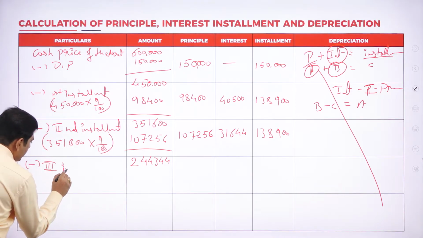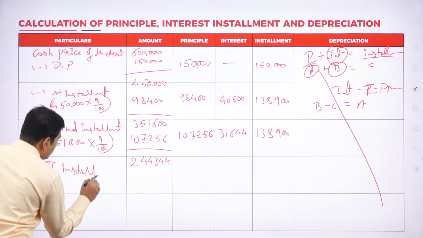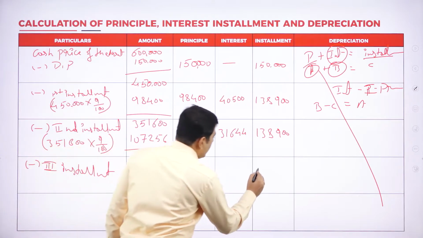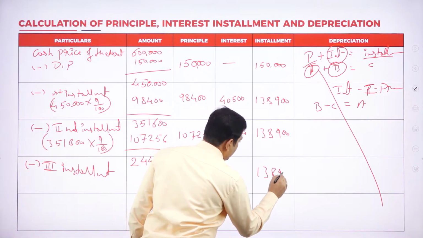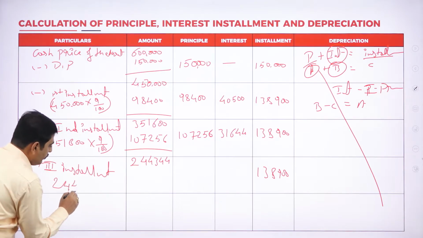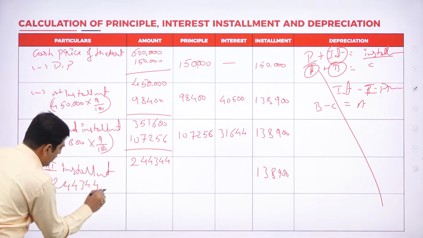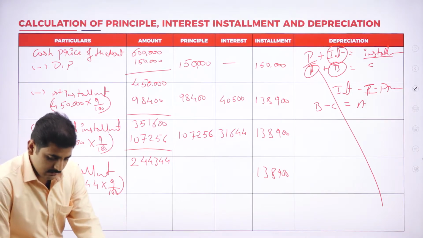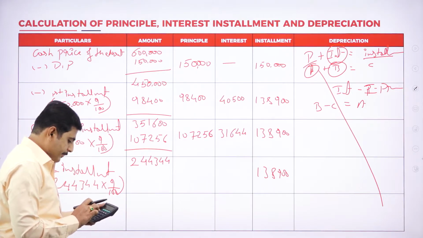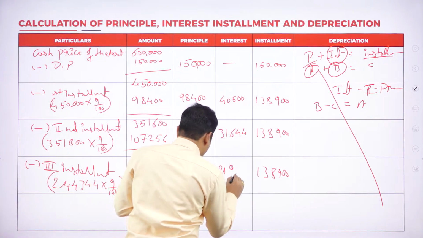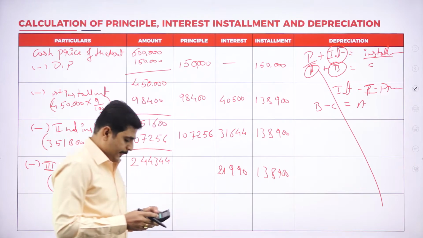Again, let's go to the third installment. So what is the third installment? Again let's write 1,38,900. Let's calculate the interest on 2,44,344 into 9 by 100. So into 9%, you'll get 21,990.